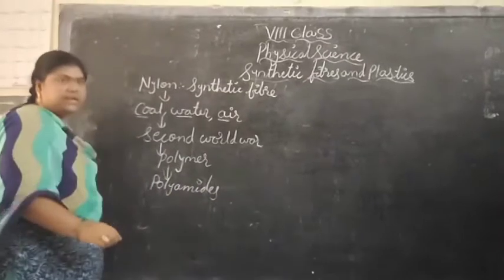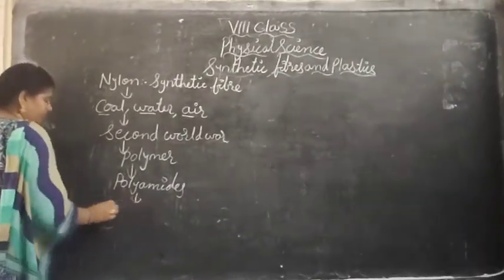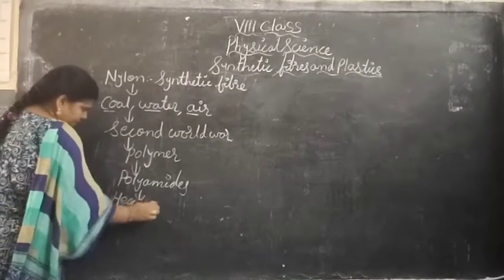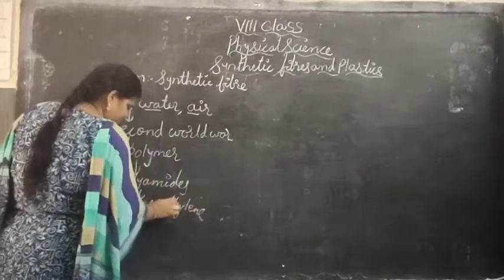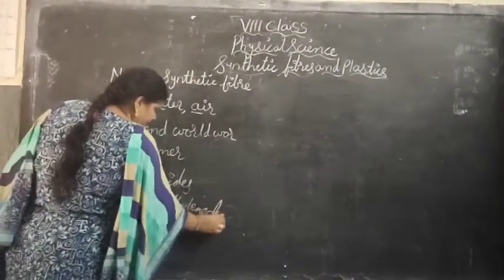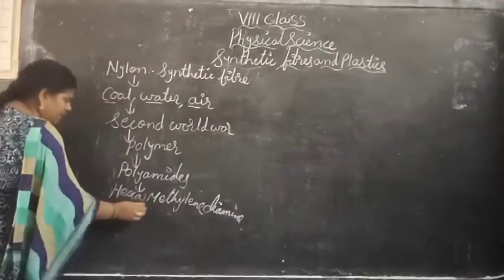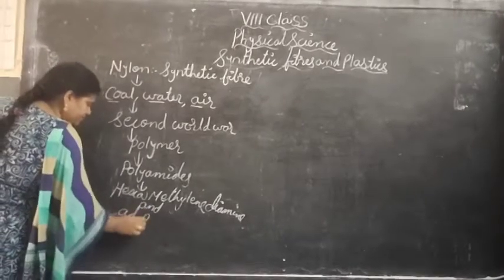Polyamides. The chemicals present in these polyamides are hexamethylene diamine and adipic acids.